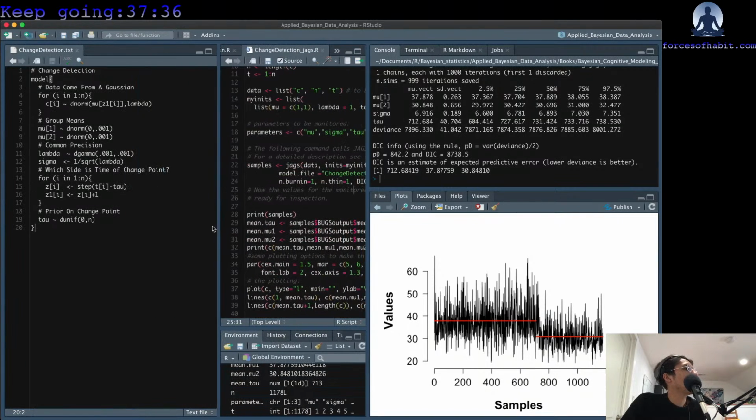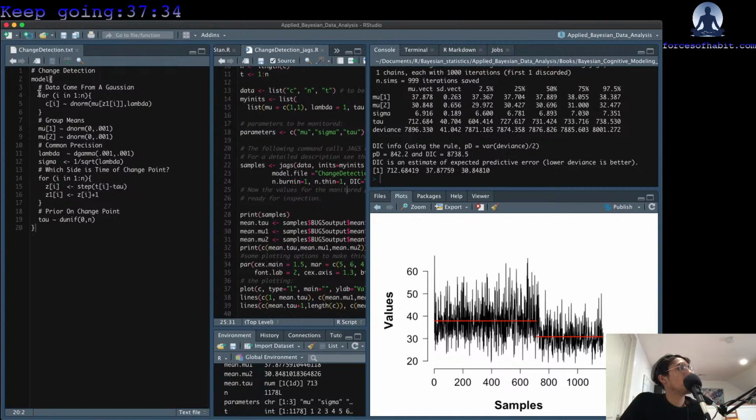Take a look at the graphical model. So we use a for loop here. Our time points are coming from, here's the counts. So counts 1i and 1n.